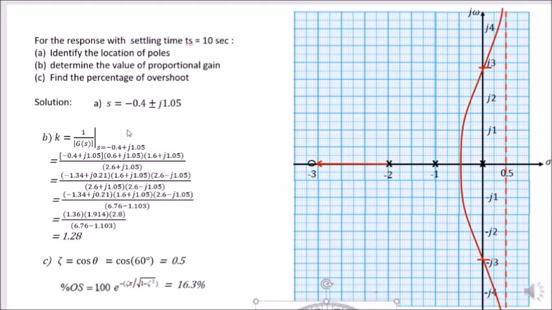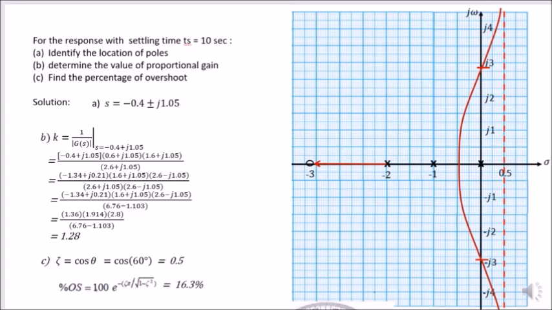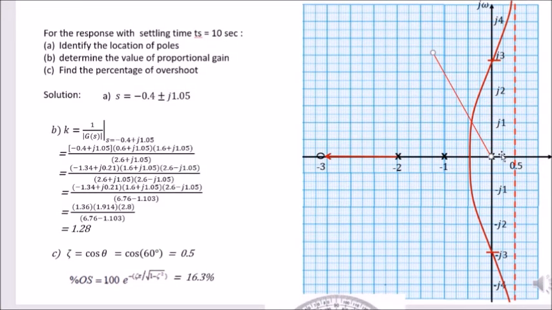Next, in order to find the percentage of overshoot, we have to draw the line for zeta. The line for zeta should cross the location of the pole when Ts is equal to 10 seconds. So we just draw the line like this. This crossing point is the location of the pole when the system operates at Ts equal to 10 seconds.